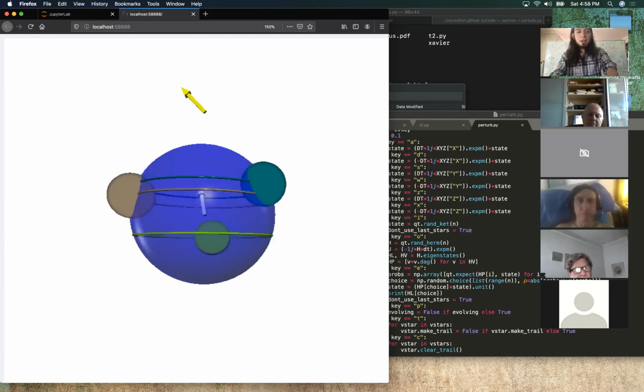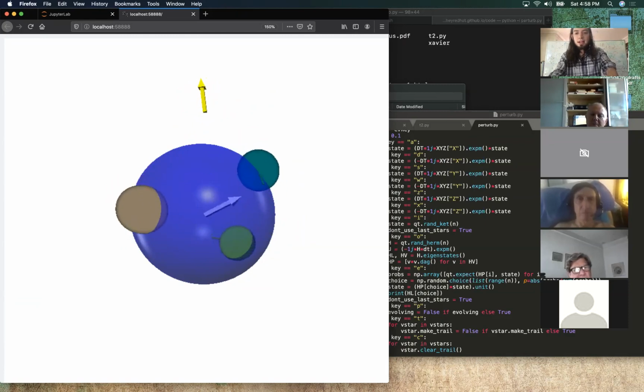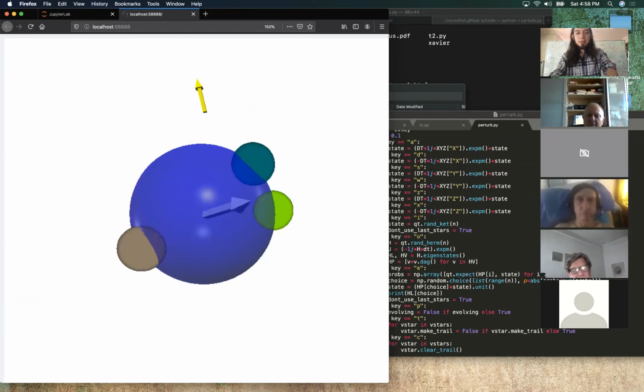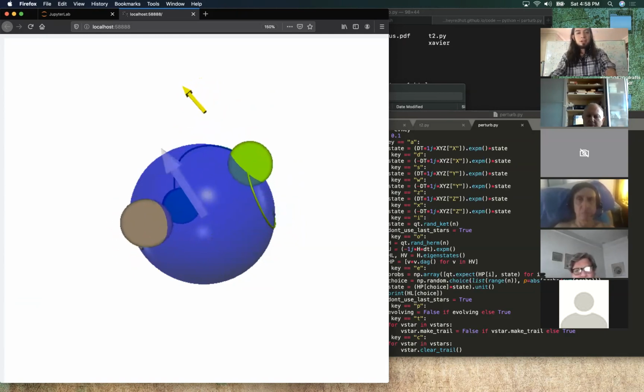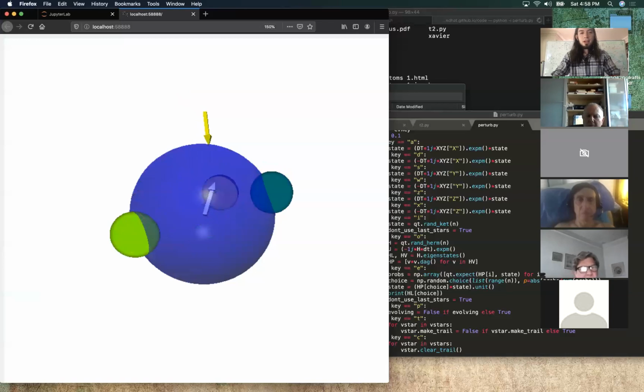In terms of what I was saying about energy eigenstates, we've chosen a random Hamiltonian, and what I will do is measure the energy. I'd chosen a random Hermitian matrix to be the energy. It was evolving under that Hamiltonian, and in fact, it still is.